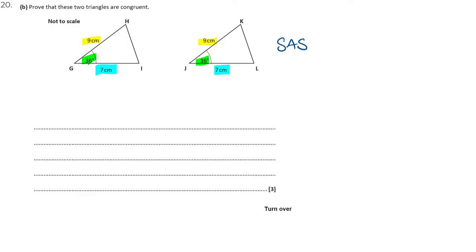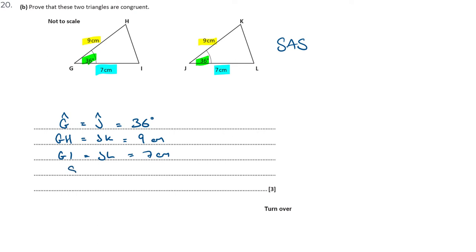Okay, so in order to prove it, all I need to do is say that angle G is equal to angle J, which was 36 degrees, and I can say that side GH is equal to side JK, which is equal to 9 centimeters, and I can say that side GI is equal to side JL, and that is equal to 7 centimeters.